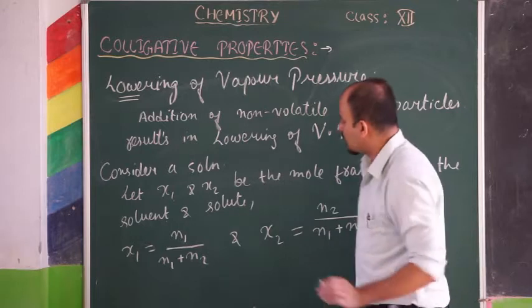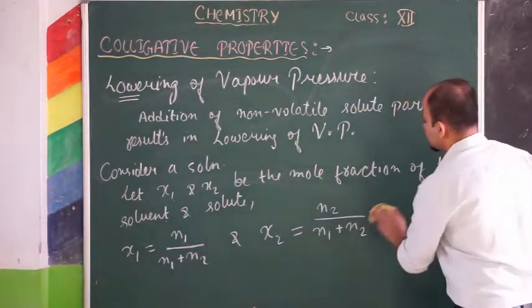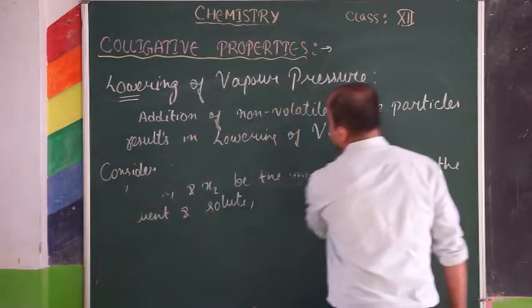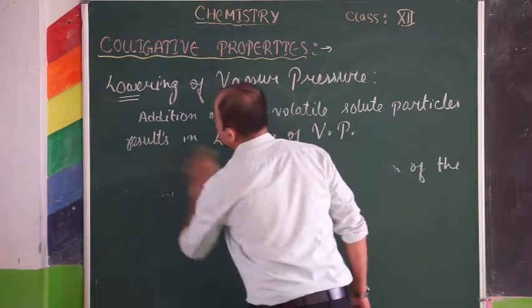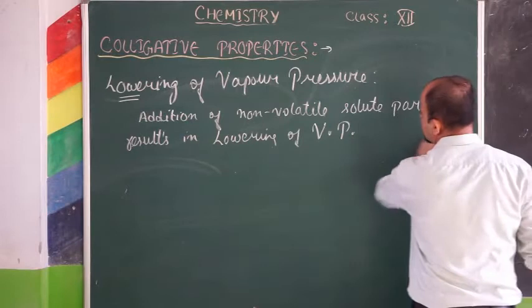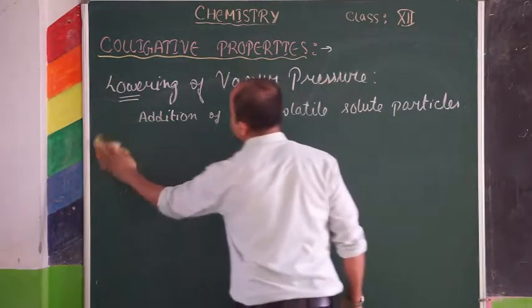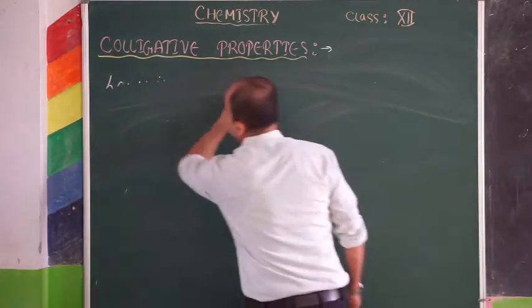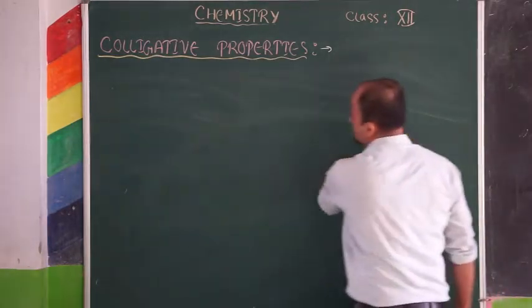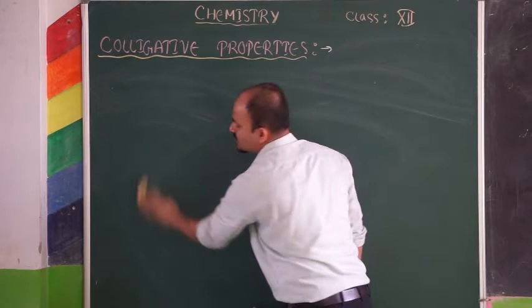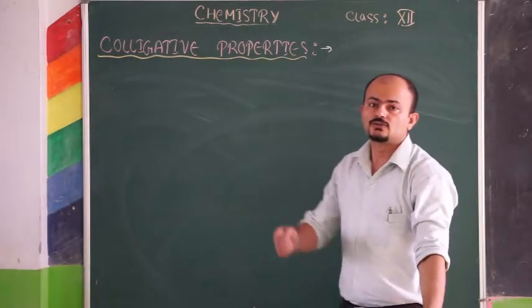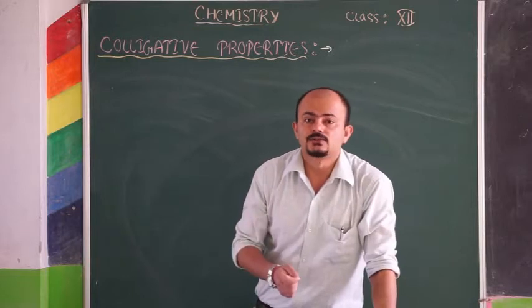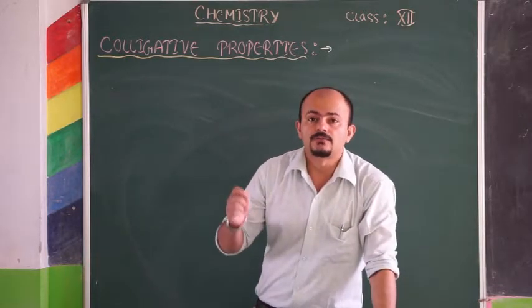Therefore, the total vapor pressure of the solution is nearly equal to the vapor pressure of the solvent only.